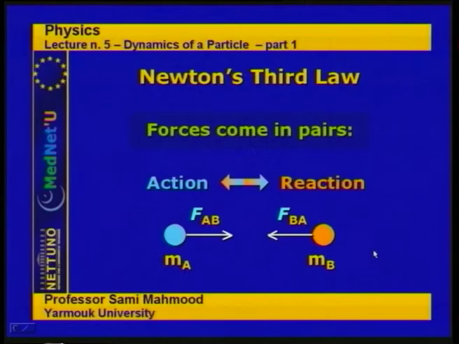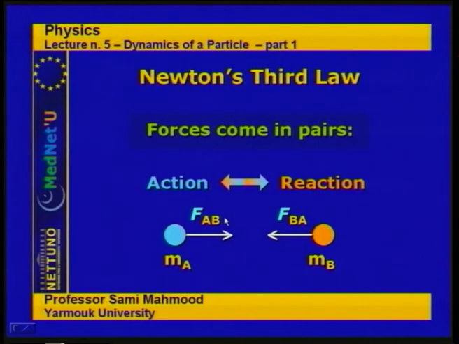So this is a picture that demonstrates the interaction between two objects. If we have object A having mass m sub A and object B having mass m sub B, upon interaction, the first object, object A, is influenced by object B by a force F sub AB.